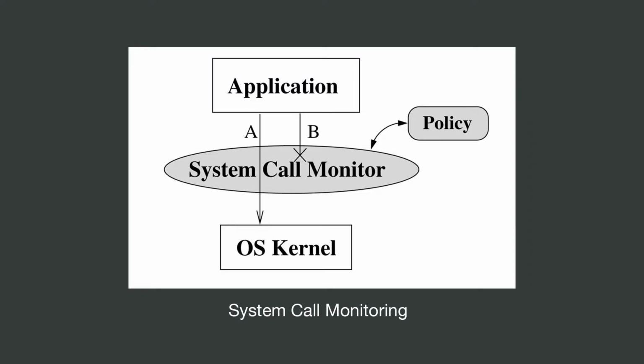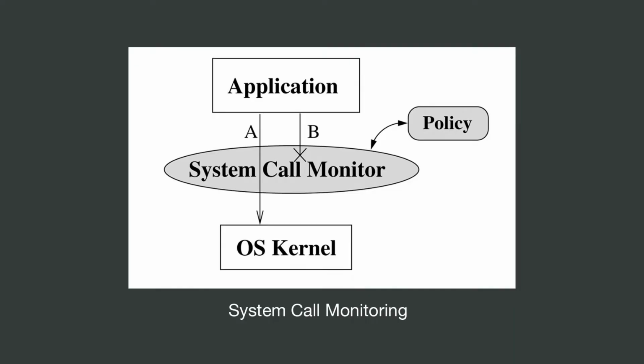A simplified version of system call monitoring is illustrated in the figure. The System Call Monitor, or SCM, checks system calls at runtime using the application's policy and either allows or disallows them depending on whether or not they match the policy.